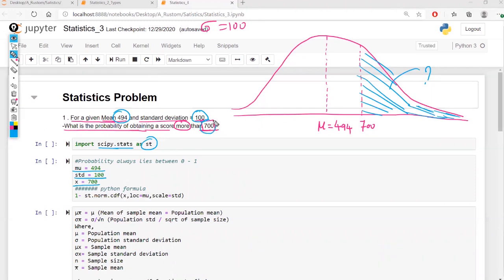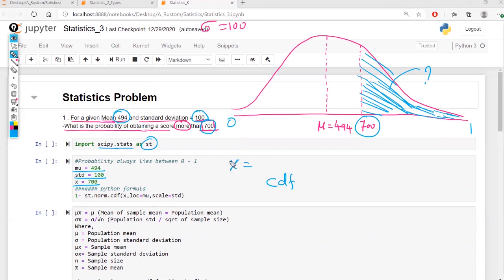In order to find the probability, if x is given, I'm going to use a CDF function, the cumulative distribution function, because we have data from 0 to 1 and I need to figure out the data in this portion.